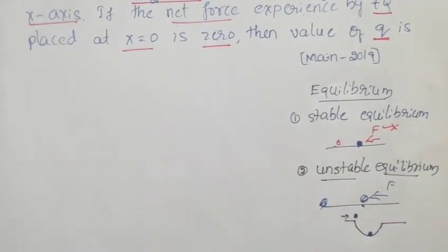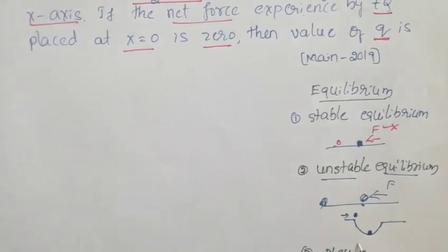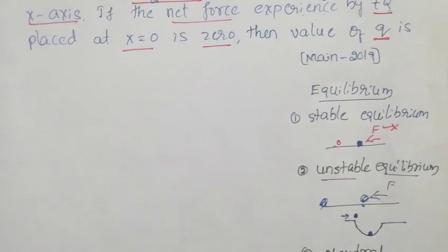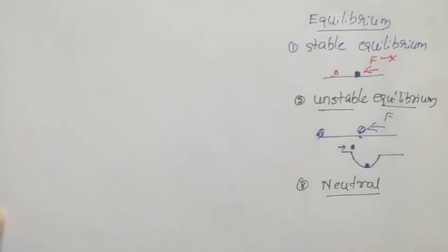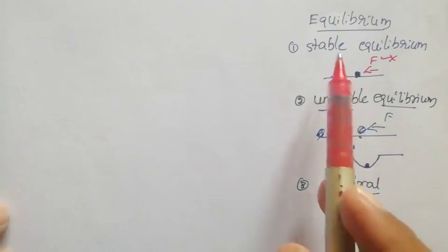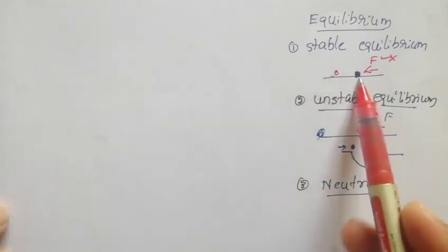The third one is neutral equilibrium. What is meant by neutral equilibrium? If you apply some force, it will acquire a new position and stay there only. So stable means even if you disturb it a lot, it will come back to the same condition.